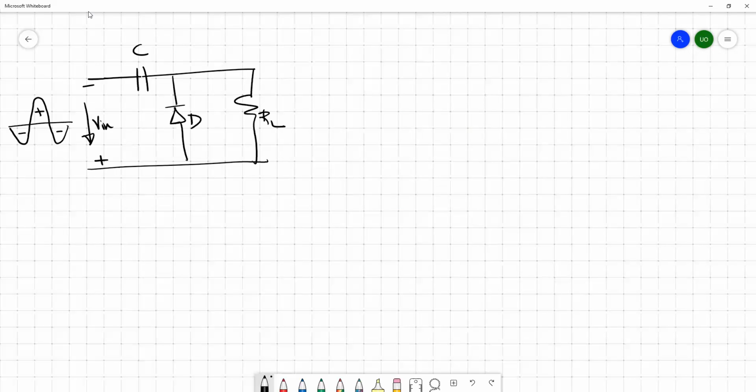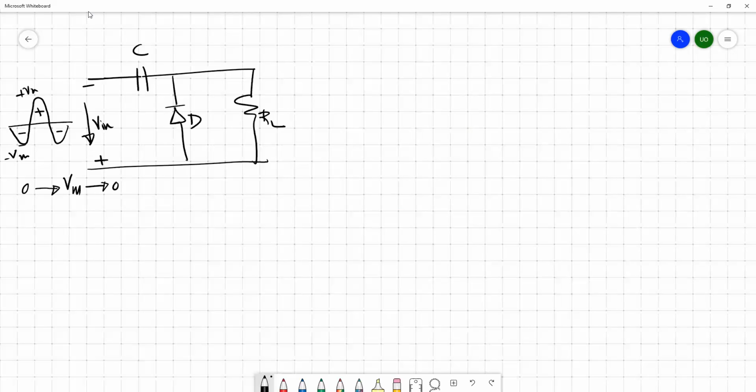During this negative cycle, the input actually moves from 0 to, let's assume this is minus Vm and this is plus Vm. So this voltage simply moves from 0 to Vm and then again back to 0.